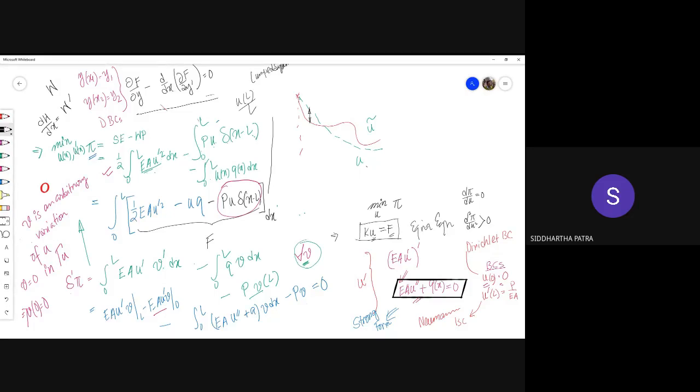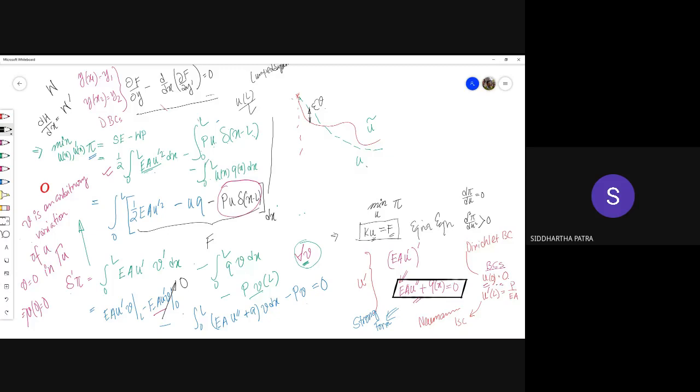The difference between the two was the variation V. Actually this was epsilon times V, whatever the case may be, which means wherever the value of U is actually given, this V automatically has to be 0. V is 0 at x equals 0 because U at 0 is specified, not because U at 0 is 0, but because U at 0 has been mentioned. I cannot make the same assumption about x equal L.